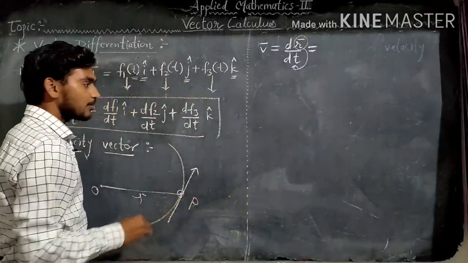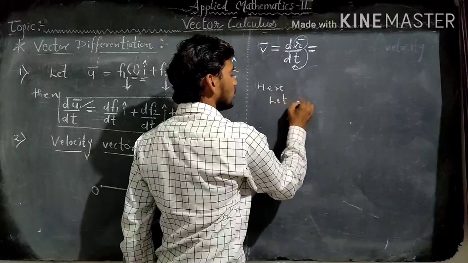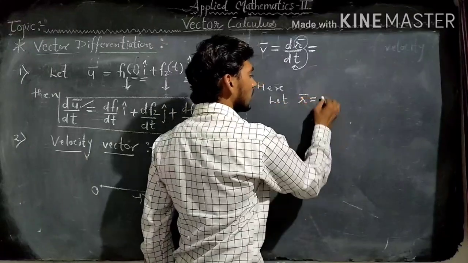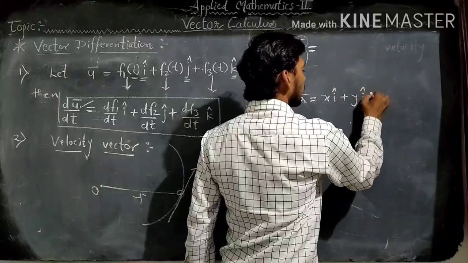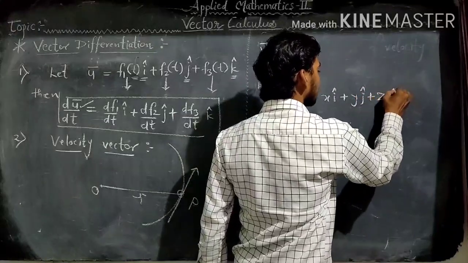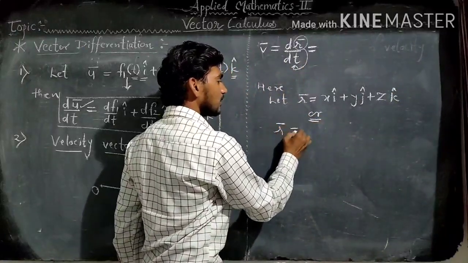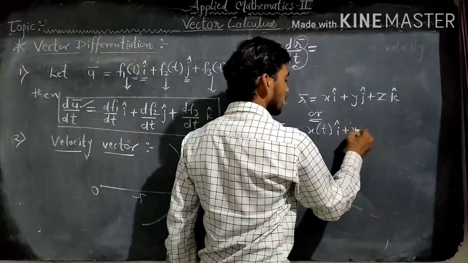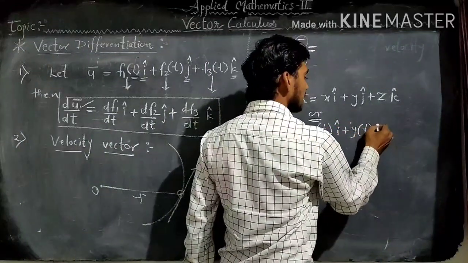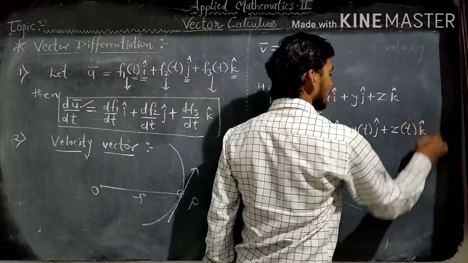Now here let position vector r is given as xi plus yj plus zk, or it is x of t i plus y of t j plus z of t k.